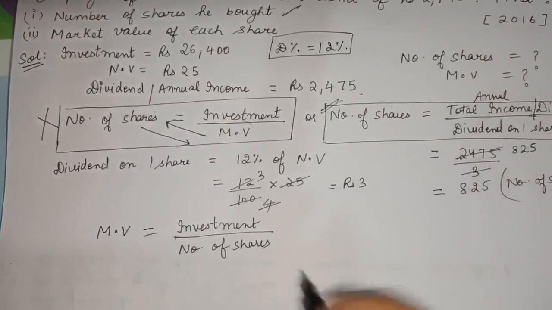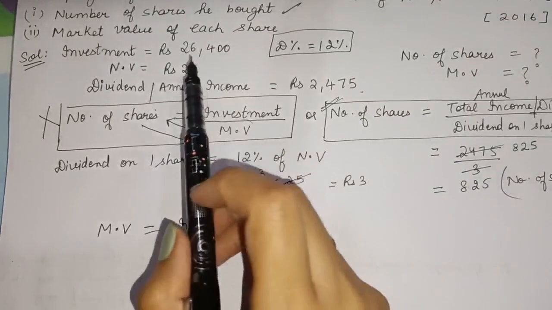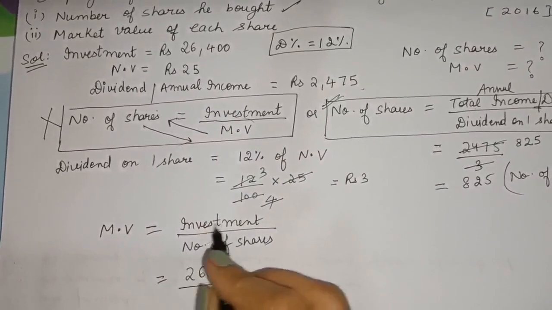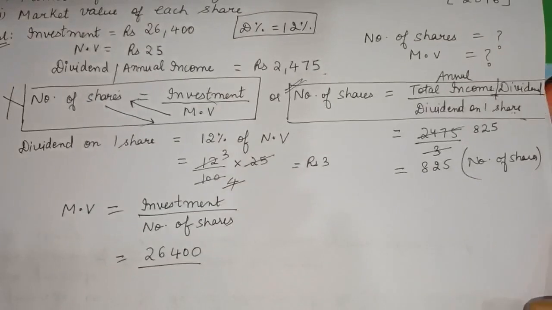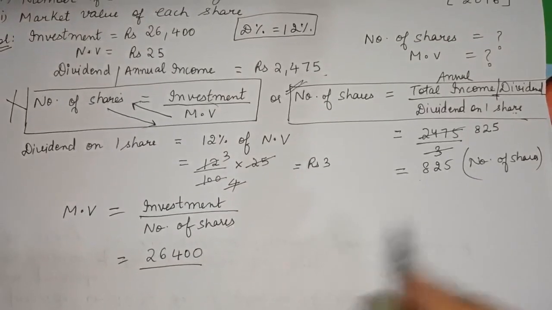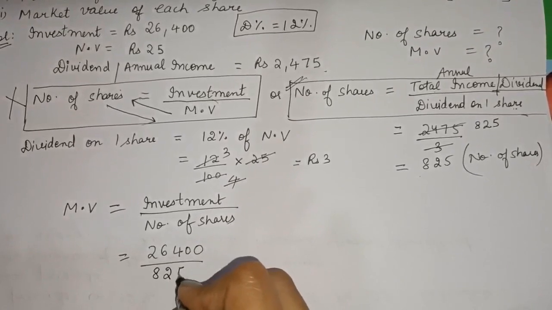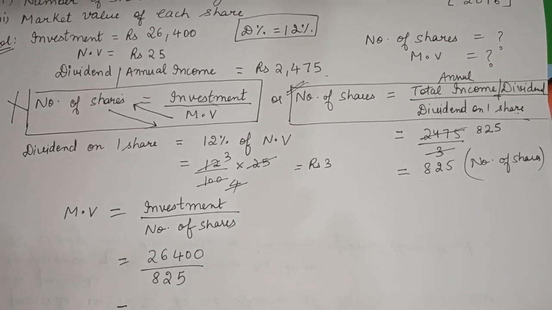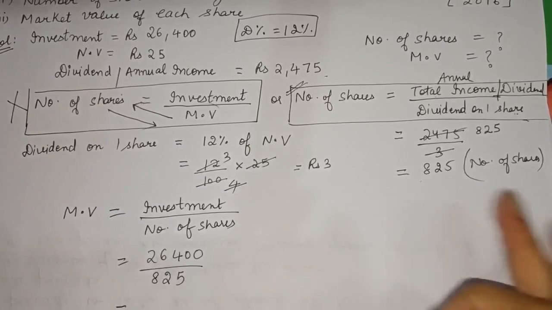So investment is already given to us. Investment is 26,400. So here I am just doing substitution, and number of shares we have just found is 825. So when we are solving this, let's solve it.